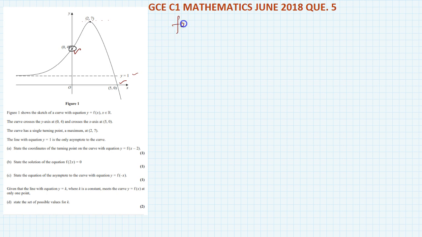So for y is equal to f(x), the coordinates of the turning point is (2, 7).